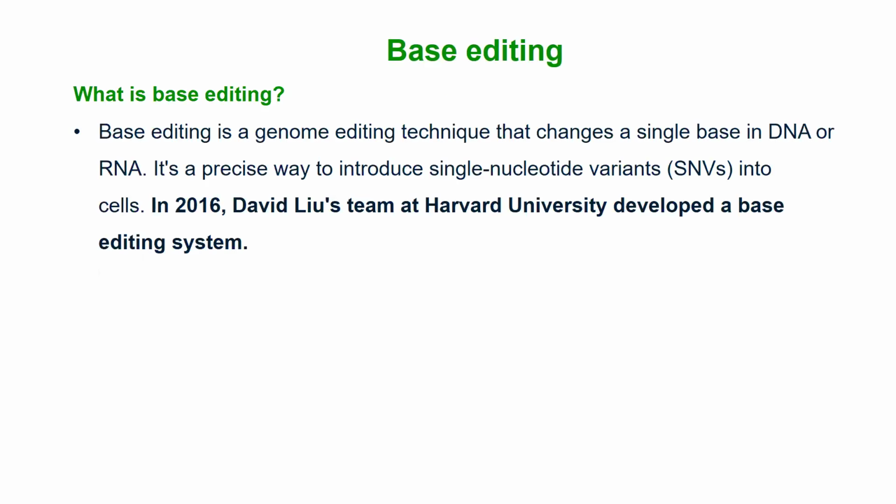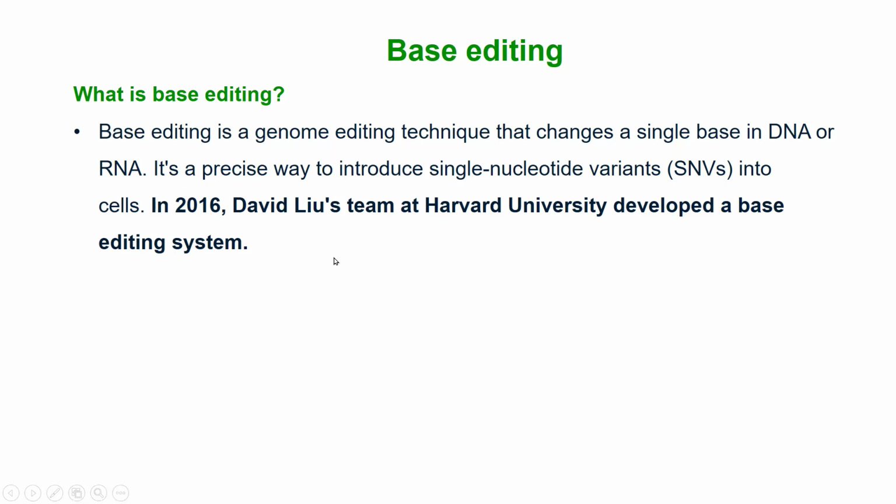So there is another editing system called base editing. Base editing is a genome editing technique that changes a single base in the DNA, not the nucleotide. Nucleotide means base, phosphate, and deoxyribose sugar. So in DNA or RNA, only a single base, A, T, G, or C, any one can be edited if it is wrong. So it's a precise way to introduce single nucleotide variants, that is SNPs, into the cells.